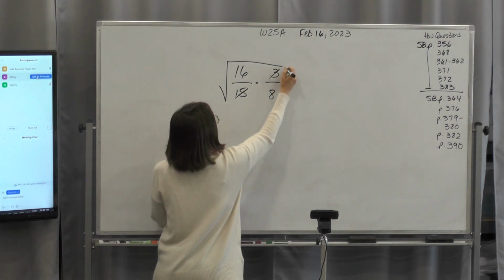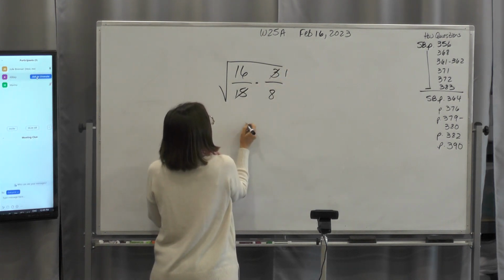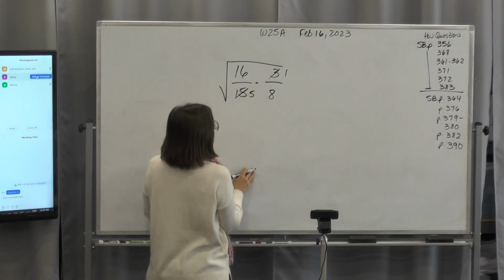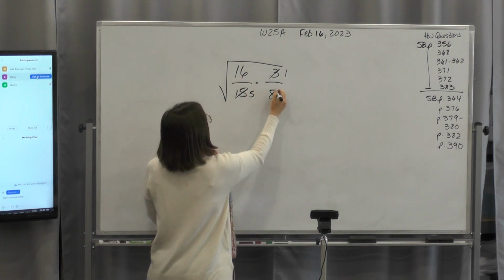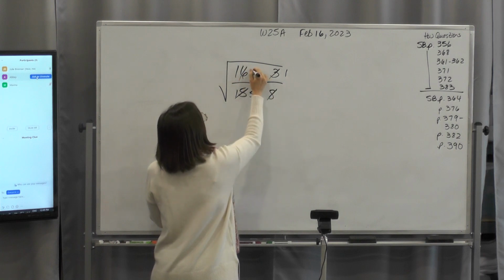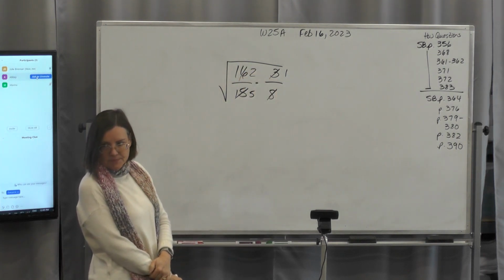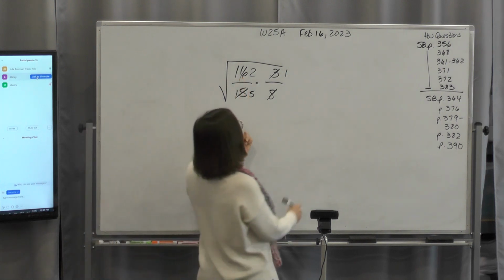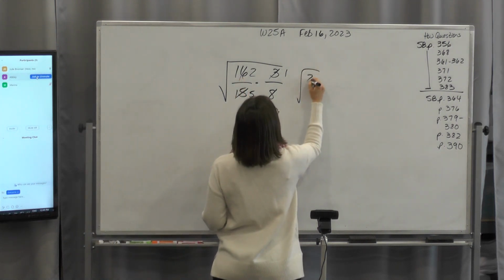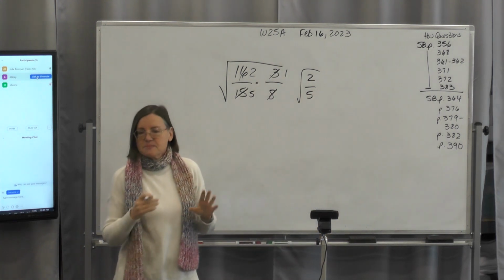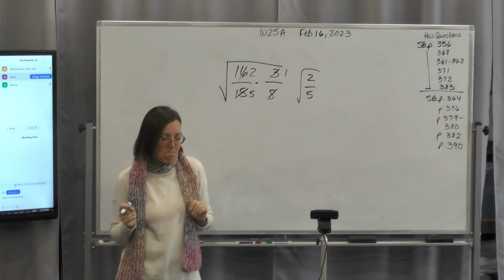3 goes into 15, 5 times, right? 8 goes into 16, 2 times. So this whole thing simplified to the square root of 2 over 5. If I separate that out, split that up though, what do I get?